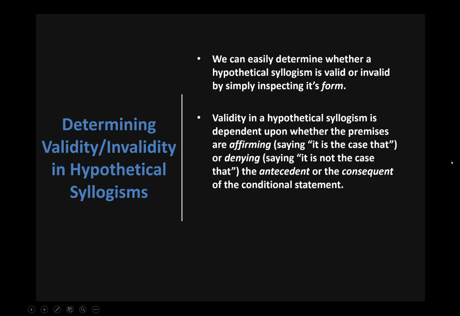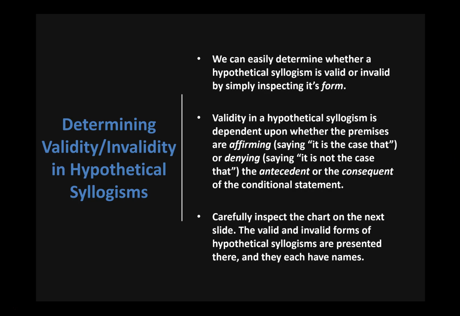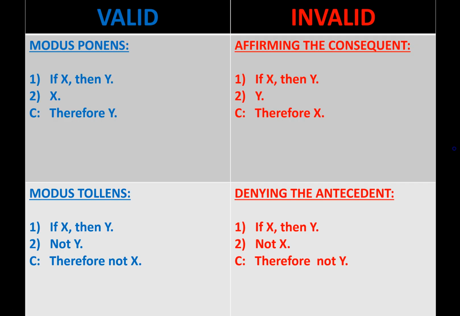Because we're just starting to use this vocabulary, but just bear with me, we're going to play this out with some examples. So carefully inspect the chart on the next slide, and I posted this chart for you to use as well, or a chart that's very similar to it. The valid and invalid forms of hypothetical syllogisms are presented there, and they each have names. And this is going to be important for your homework. It'll be important for your quiz number 3. So you have to know these or have access to them in the chart.